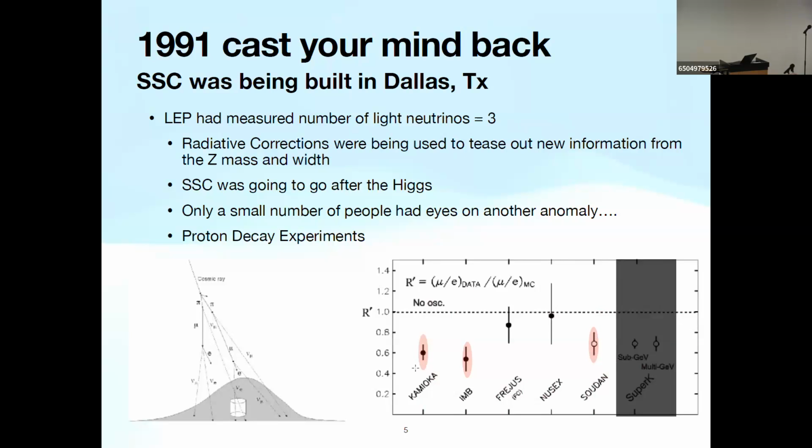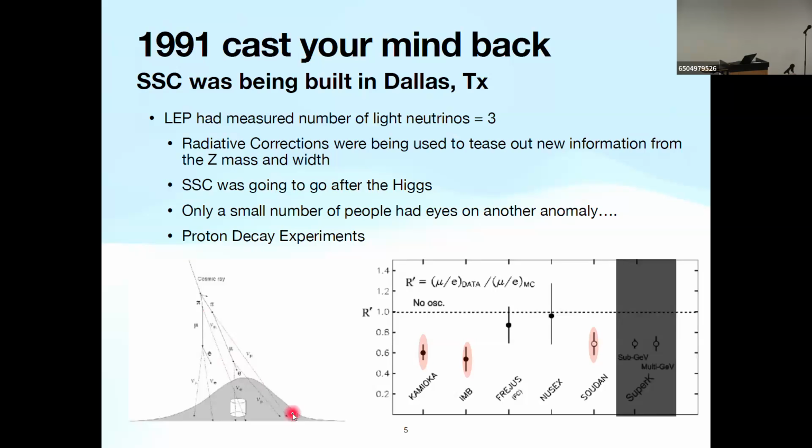They had noticed that there were missing muon neutrinos. As you see the cosmic ray shower unfolding from an interaction in the atmosphere, you'd expect 2 muon neutrinos to 1 electron neutrino coming out of each pion. What was seen, in fact, was that there were fewer muon neutrinos than were expected.